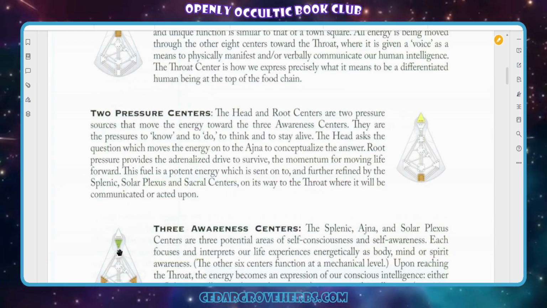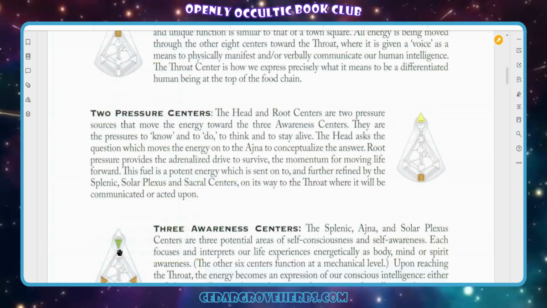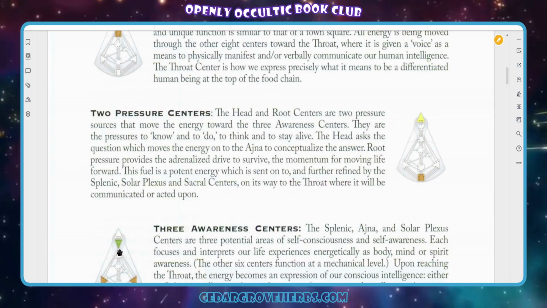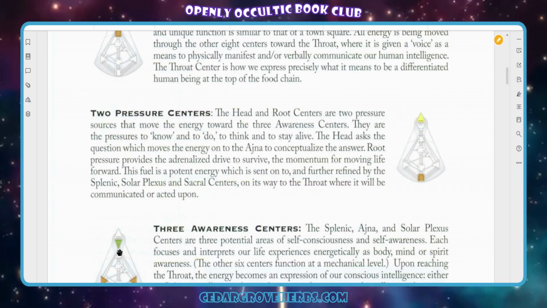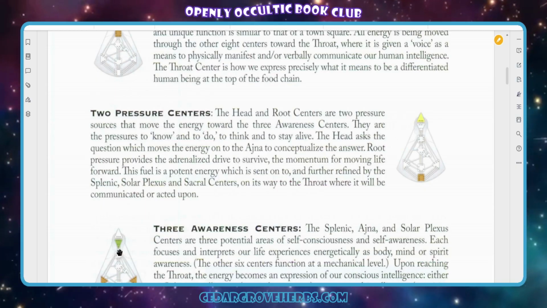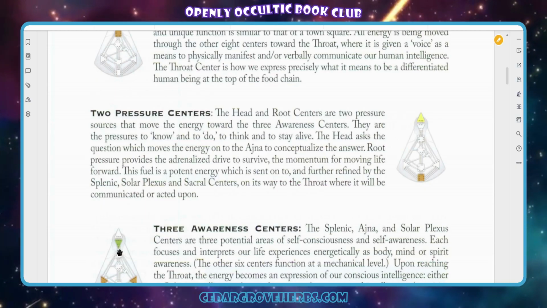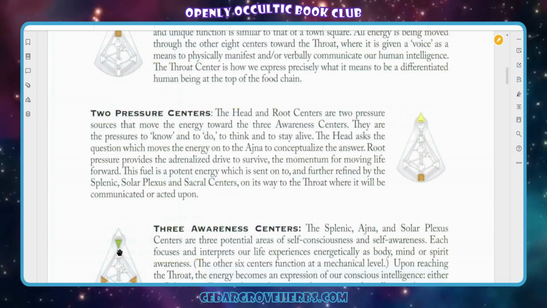Root pressure provides the adrenalized drive to survive, the momentum for moving life forward. This fuel is a potent energy which is sent on to and further refined by the splenic, solar plexus, and sacral centers on its way to the throat, where it will be communicated or acted upon.